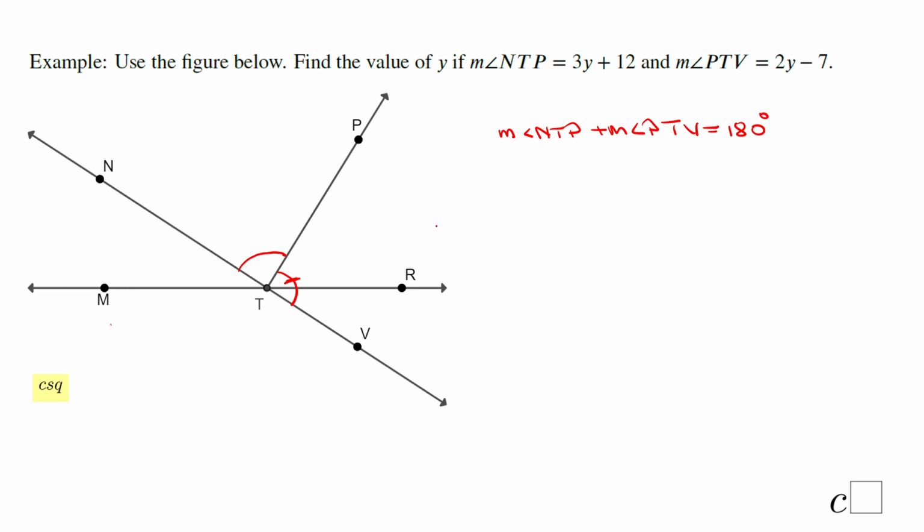So now we're going to replace with this expression 3y plus 12 plus 2y minus 7 equals 180. So very important you notice even though the problem looks similar, the problem is different. So we have here 3y plus 2y, it's 5y minus 5.